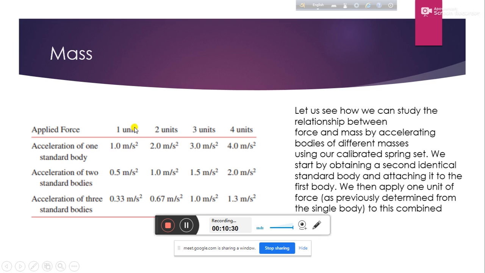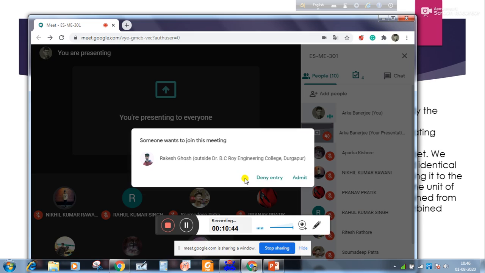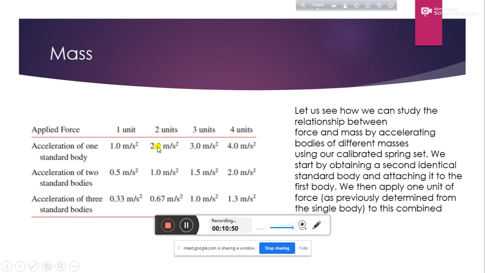If you apply a force of one unit to it, you will see that the acceleration is half of the previous one. If you apply 2 units, then also it will become half. That means initially it was 2, now it will become 1 meter per second square. For 3 and 4 also, it shows half. So when we double the number of standard bodies, the acceleration becomes half of the previous one. This is the stage 2 experiment.